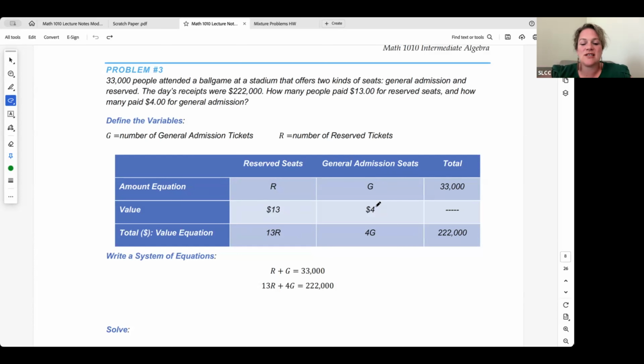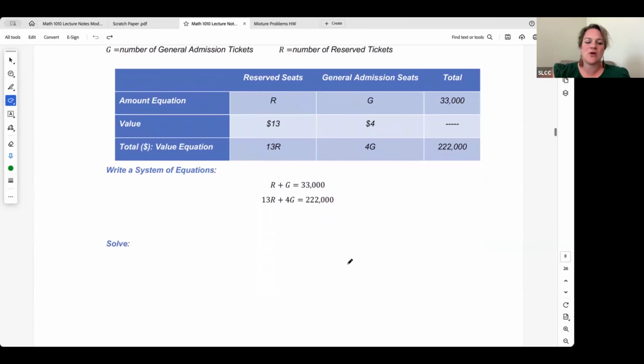The general admission seats are $4. And we know that the total value for the day was $222,000. So when you write your value equation, you just tack this line on here: 13R plus 4G equals 222,000. This table can help you write those two equations.